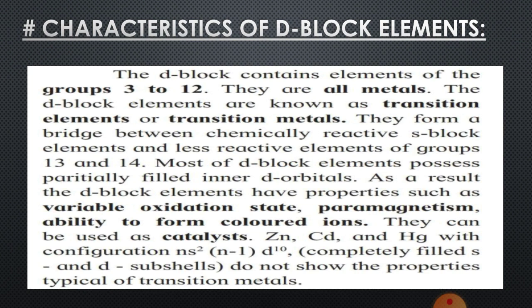Some of the elements such as zinc, cadmium, and Hg, having electronic configuration ns2 (n-1)d10, where in this electronic configuration we can see that d and s subshells are completely filled. Due to this reason, they do not show typical properties of transition metals. So students, these are the characteristics of d block elements.